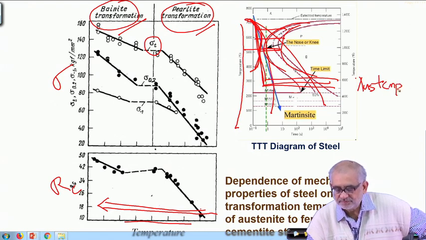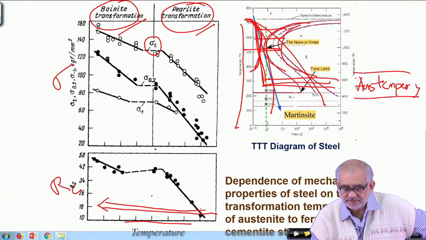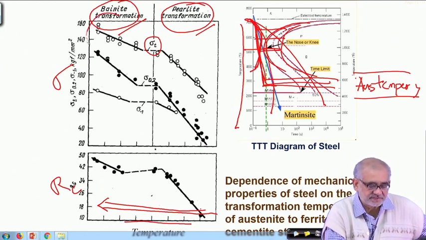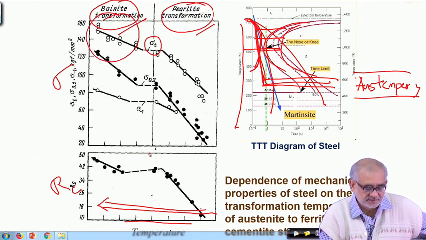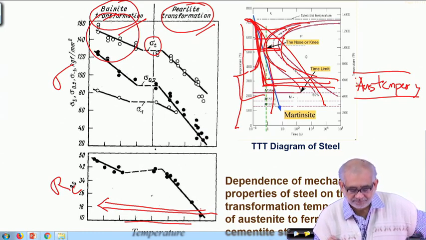This austempering is a heat treatment which requires such stepped cooling. So in order to get higher strength properties like here, we need to allow the transformation to take place at lower temperatures, and such transformation is possible not by continuous cooling but by stepped cooling.